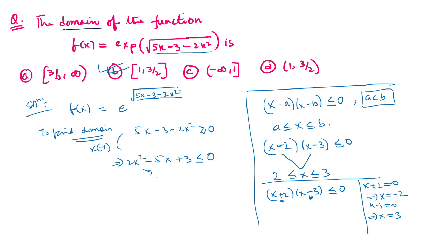So the value of x will lie between minus 2 and 3. Do not see the values, the domain is between them. So keep that in mind and then see the method is in there. Solve it and you will get B as the answer.